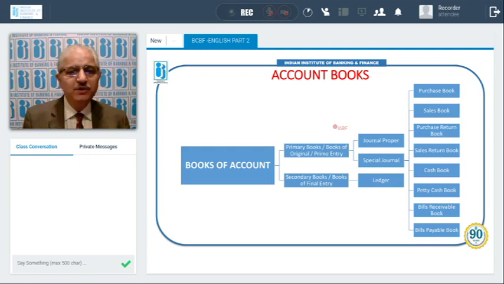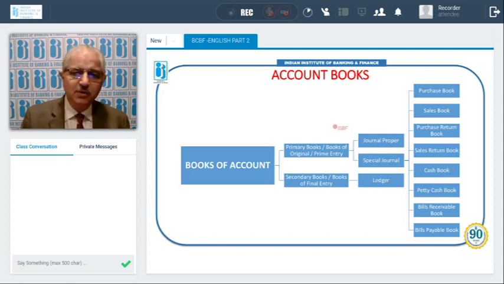So what we do is we keep some books for entering similar transactions. For example, we have a purchase book where I enter all purchases. In this case, normally we enter credit purchases, but cash purchases also, if you want, you can do.